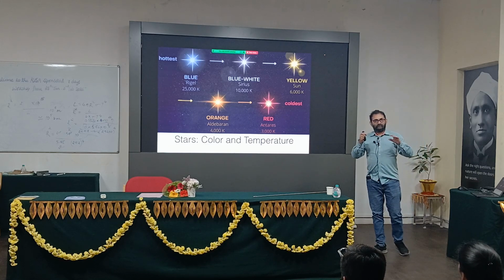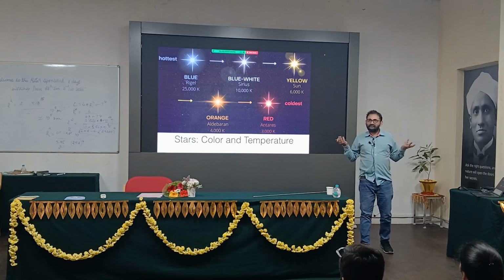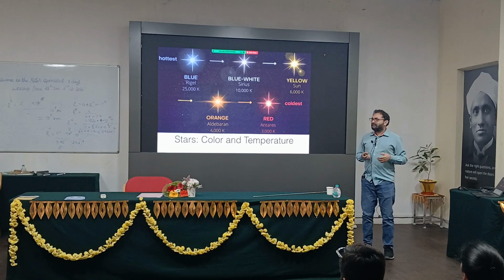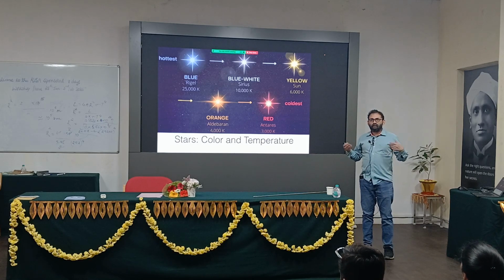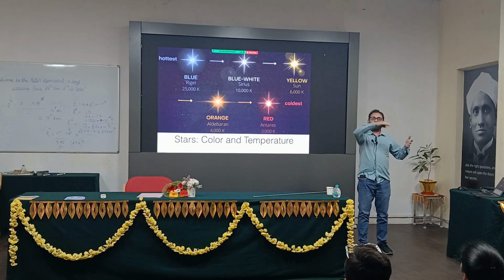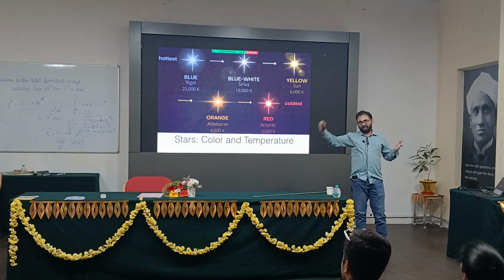Color is related to wavelength. Yes, so your lambda is inversely proportional to your T, which is Wien's law. When you look at stars, they emit the electromagnetic spectrum in all wavelengths, so at a particular wavelength it will peak.